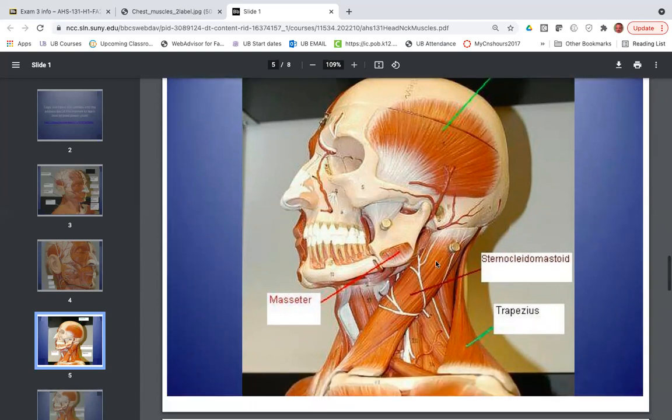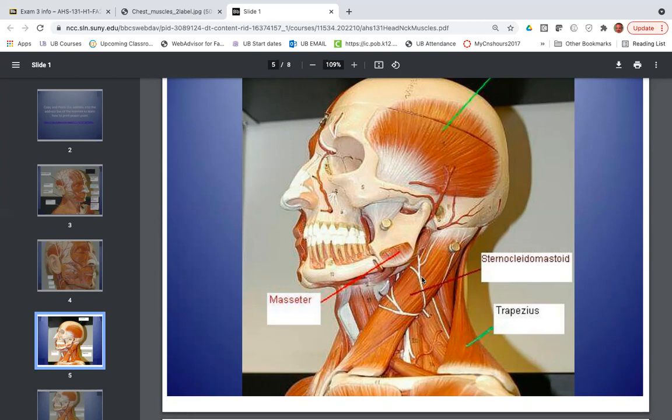From the side view here, we can see this individual's left sternocleidomastoid: sternal division, clavicular division, mastoid process. The way the SCM works, this person's left SCM, when it contracts, is going to rotate their head to the opposite direction.